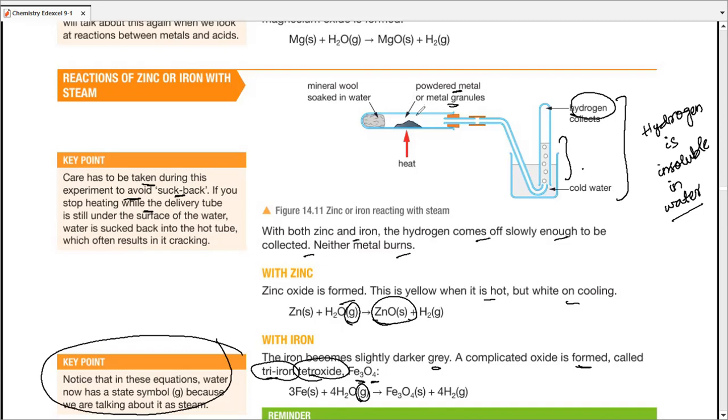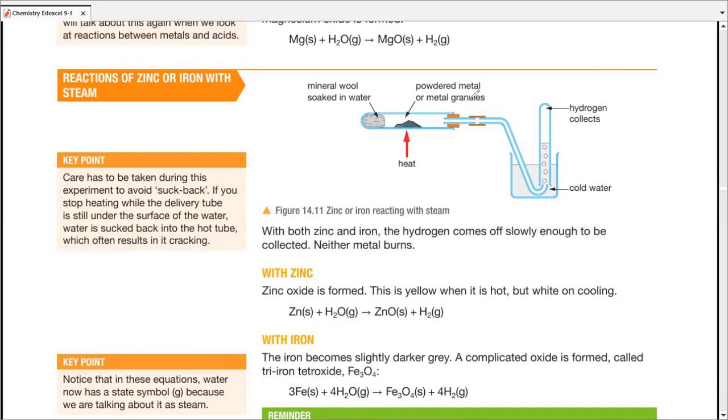How? Sometimes powdered metal or granules go through this delivery tube along with the gas, but water stops them going all the way up into the test tube. So we have clean gas in the test tube. We don't have any particles along with it. That's actually a good way of doing it. Make sense?